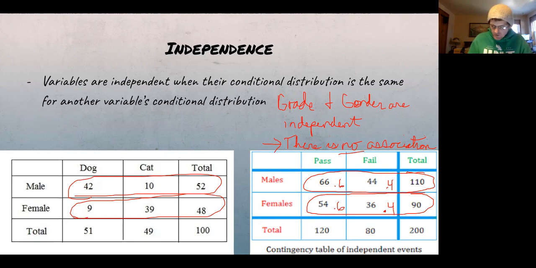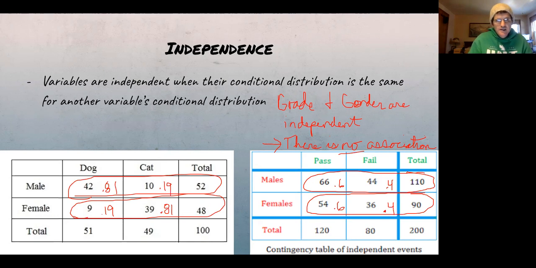So 42 out of 52 is 0.81, which means this one better be 0.19. If I do the same for the conditional distribution of females in favorite animal, 9 out of 48 is 0.19, which means this is going to be 0.81.